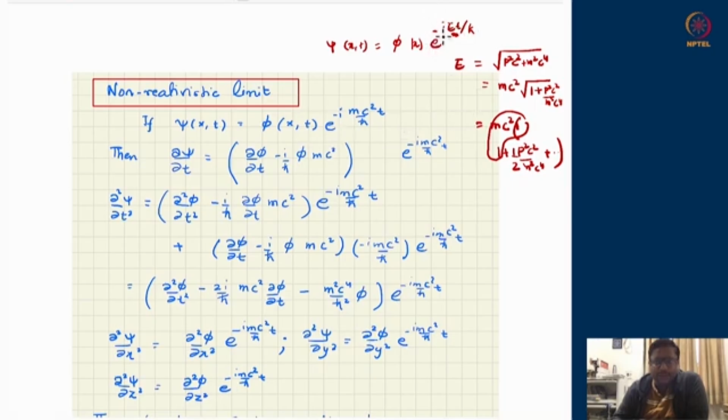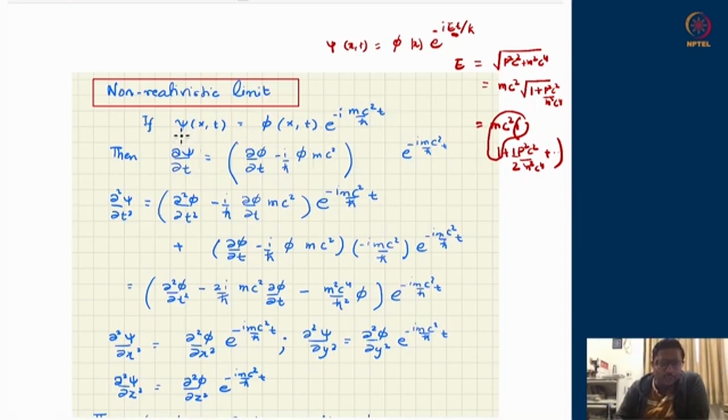So this e to the power minus iEt upon h bar is made from rest mass energy plus other higher order terms which depend upon the ratio pc upon mc square. Since rest mass energy is very high, I can have a Taylor expansion and then pull this out. This is just simple mathematical trickery.